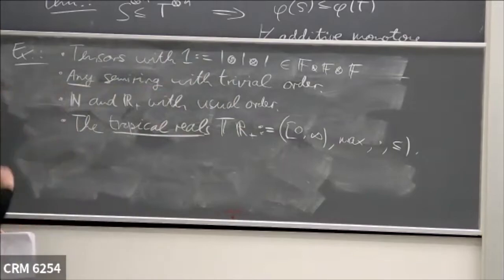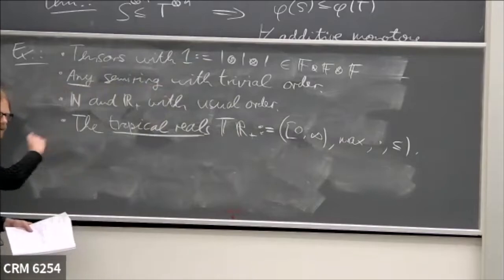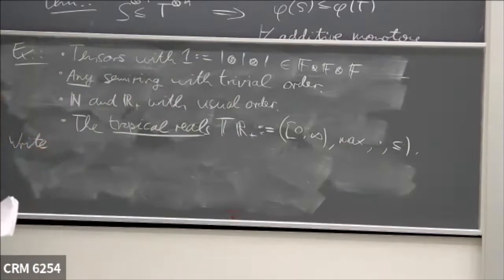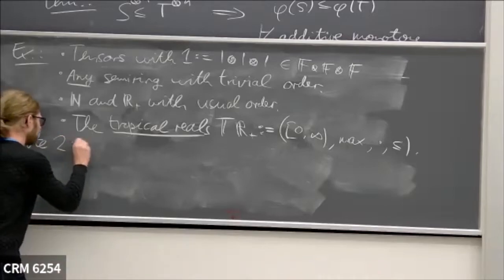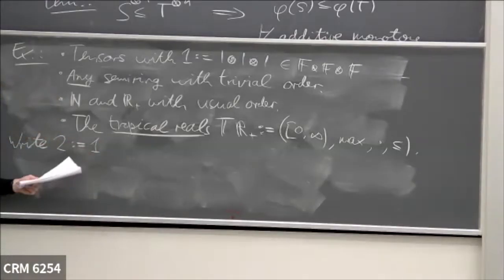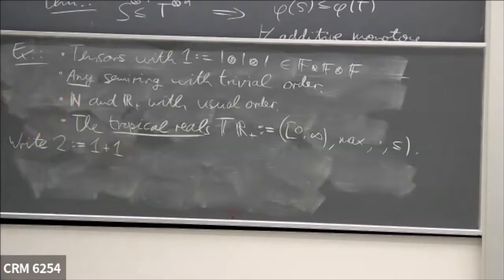Okay, so now I'm getting a little short on time, but let me write down Strassen's Vergleichsstellensatz, and then my generalization of it. To do that, I want to write 2 as just the usual 1 plus 1, now understood in the semiring.